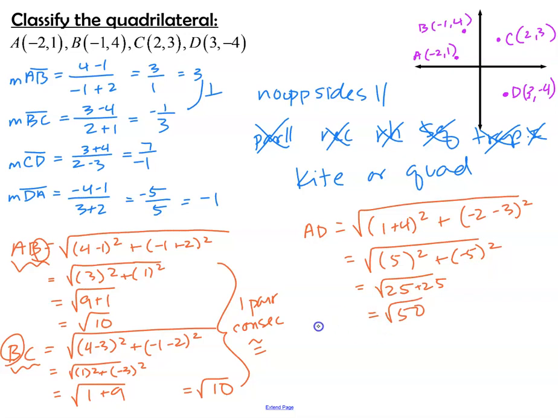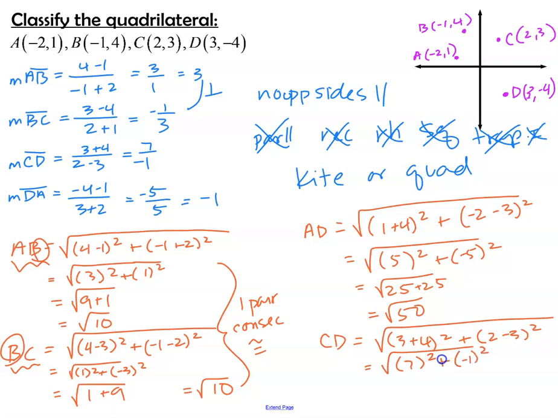And then let's do the last one, which is going to be side CD. So here we have 3 plus 4 squared plus 2 minus 3 squared. This gives us 7 squared plus negative 1 squared. And this gives us 49 plus 1, which is also the square root of 50.